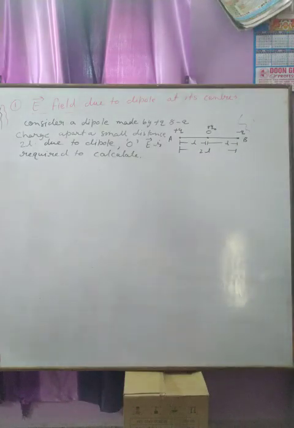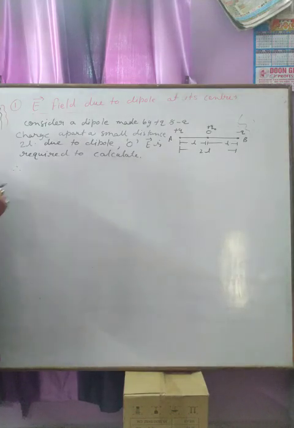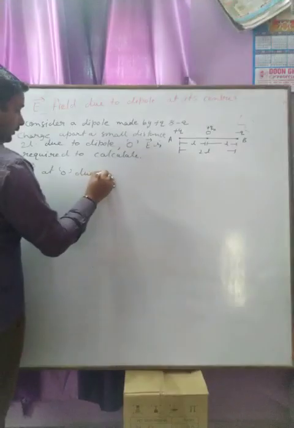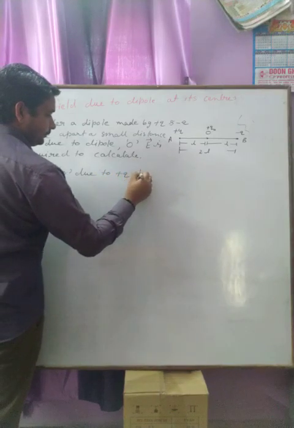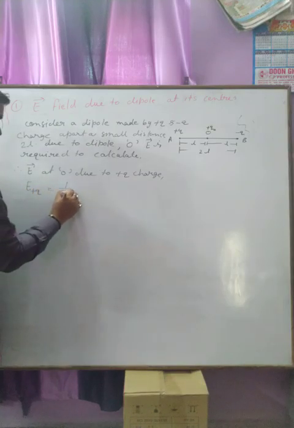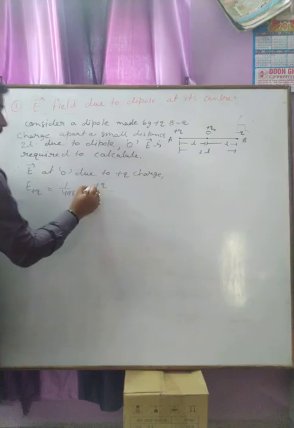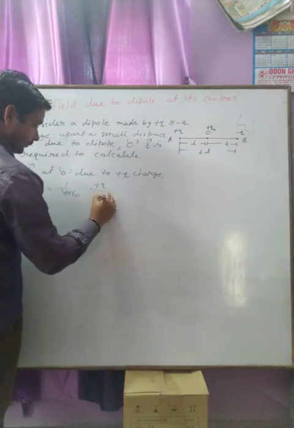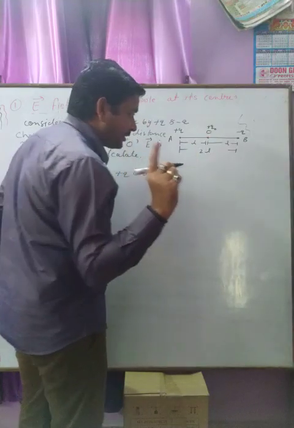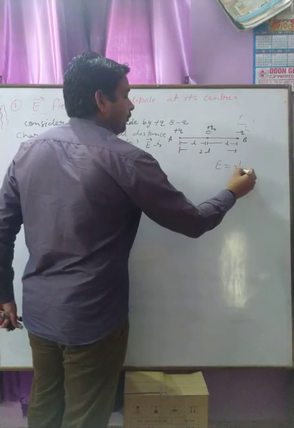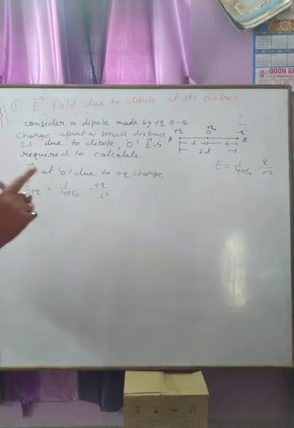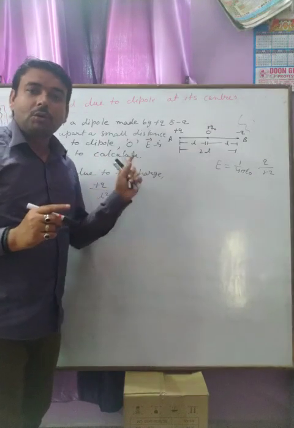So student, the electric field at O due to plus q charge is E plus q is equal to 1 upon 4 pi epsilon naught, plus q upon L square, because for the electric field due to a point charge E is equal to 1 upon 4 pi epsilon naught q upon r square, where r is the distance at which we need to calculate the electric field due to a point charge.